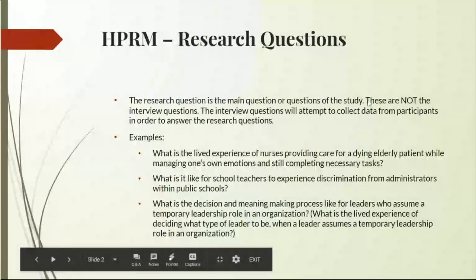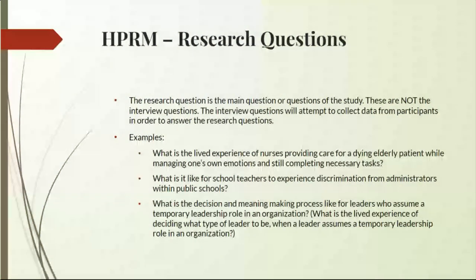So this is the alignment of the research questions back to the purpose statements that we just discussed. We talked about the purpose statement being to understand the experience of nurses caring for a dying elderly patient while managing one's own emotions instead of completing the necessary task. So the research question is just simply asking, what is that lived experience? So it truly is as simple as taking the purpose statement and rewriting it as a question.